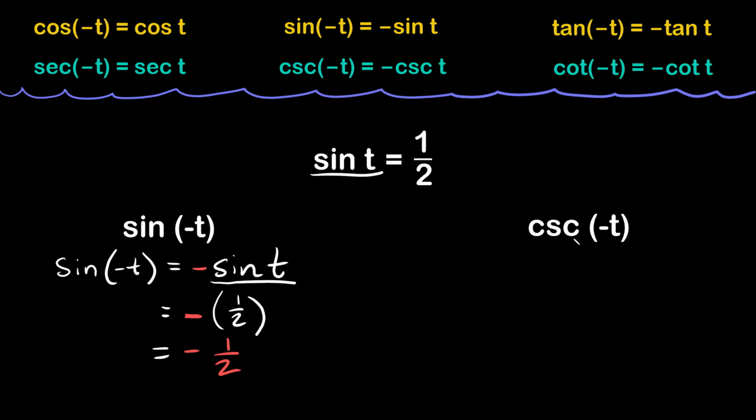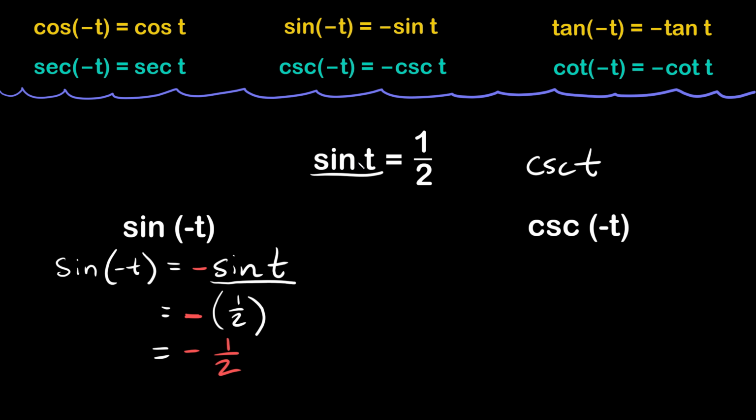This time we want to evaluate the cosecant of negative t. That's going to be the reciprocal of sine. Here it says that the cosecant of negative t is equal to the negative cosecant of t. One thing that would first be helpful is simply finding what the cosecant of t is, because sine and cosecant are reciprocals of one another.